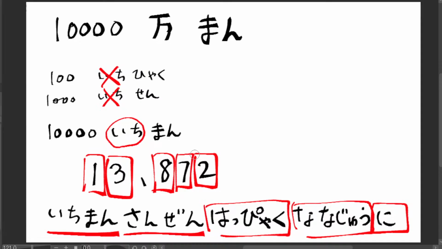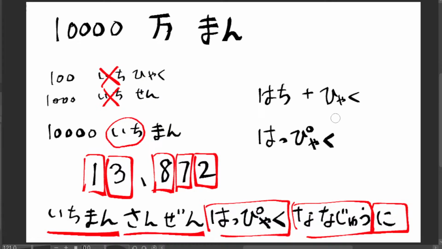So why does this 8 plus 100, you should read it as happyaku. But it is hard to pronounce it as hachi hyaku, so the Japanese pronounce it as happyaku. Happyaku.